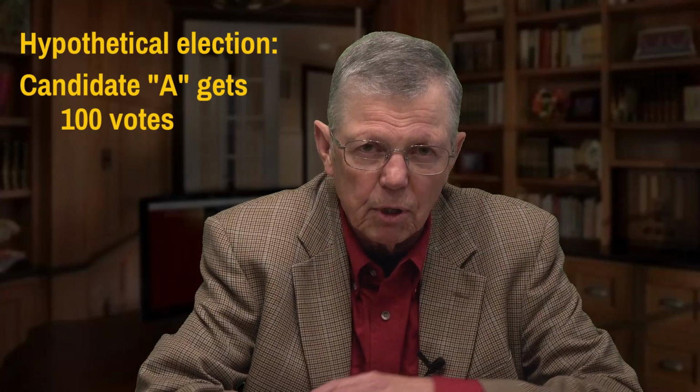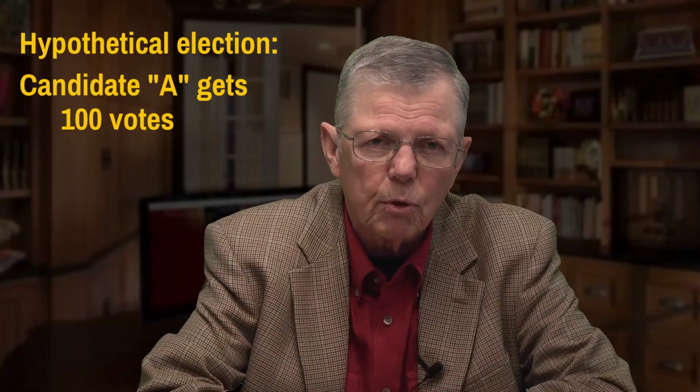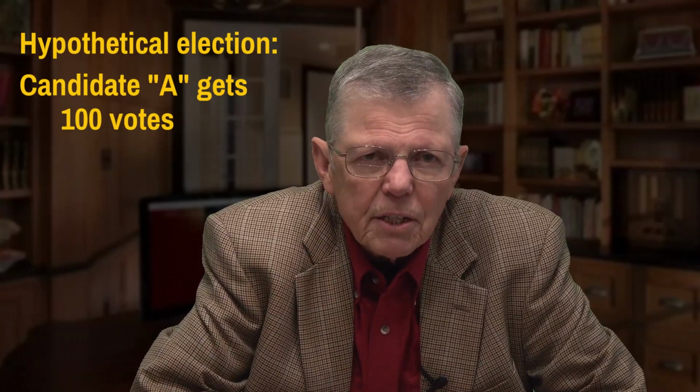Okay, let's take a hypothetical. In an election in Tennessee, candidate A, let's just assume, receives 100 popular votes. That means from the whole population, everybody who votes on election day or early voting, candidate A gets all 100 votes.